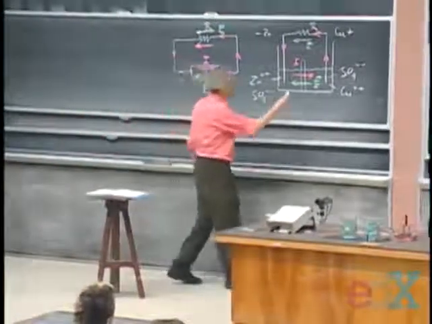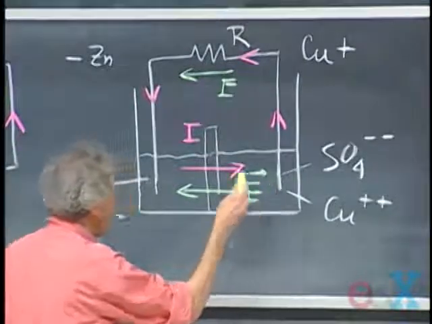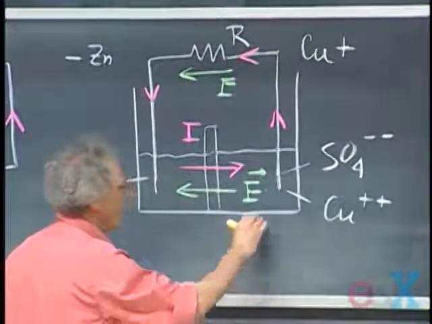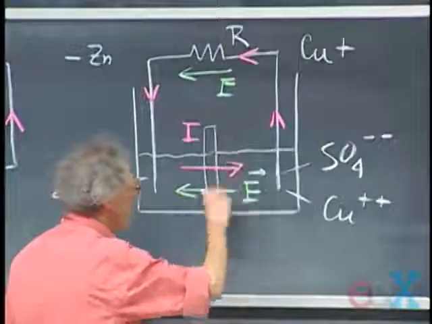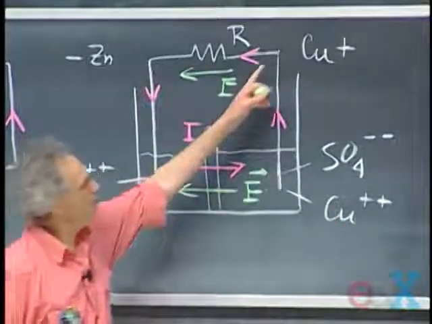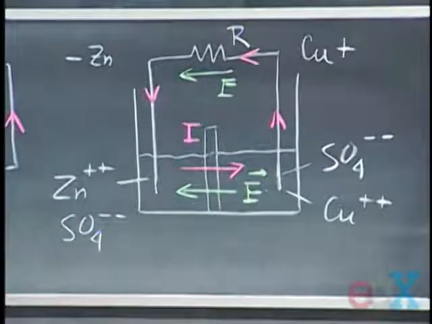And while a current is flowing, while the SO4 minus is going from the right to the left, you get fewer SO4 minus ions here. This liquid here remains neutral, so copper plus must disappear. And it precipitates onto this copper bar, so it's like copper plating.